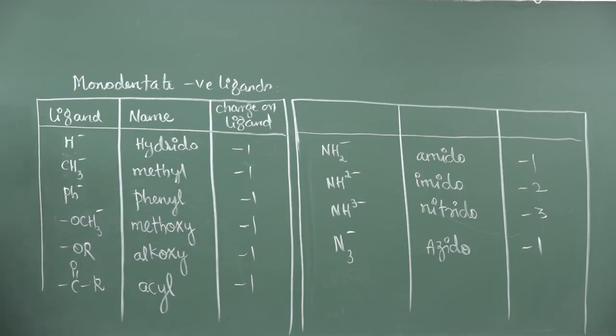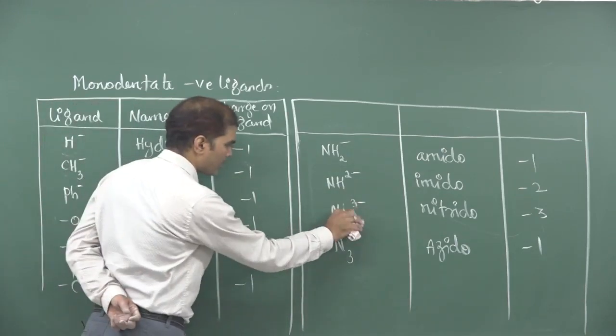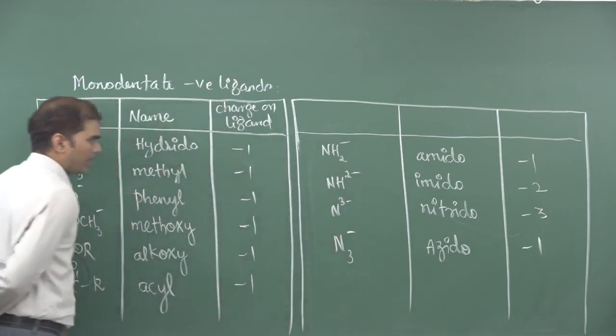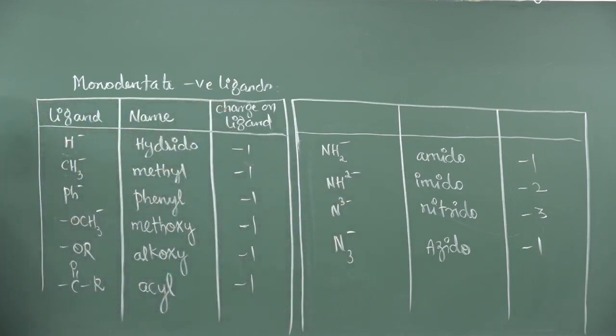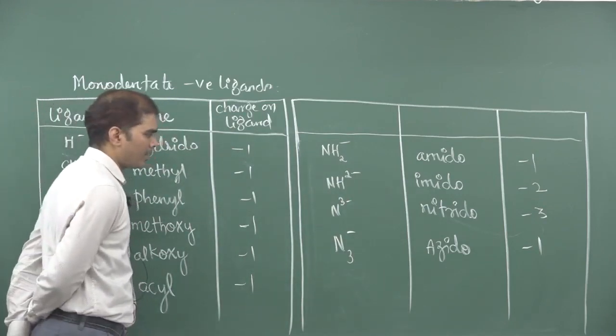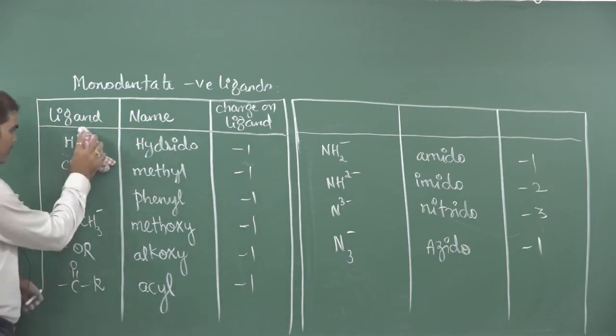NH2 minus, NH2 minus, N3 minus. They are correspondingly called amido, imido, nitrido. N3 minus is called azido. First row.